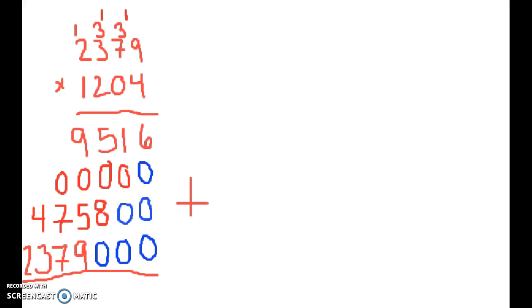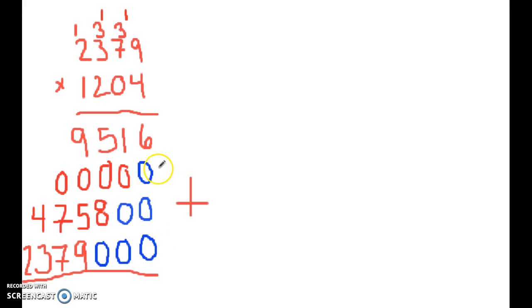And this has been helpful because instead of taking our big old group of 2,379 and just straight up multiplying it by 1,204, we have been able to take it step by step to get all these little numbers to finally add them all up together to get our big final number. So let's do it. Let's go down and add the line.